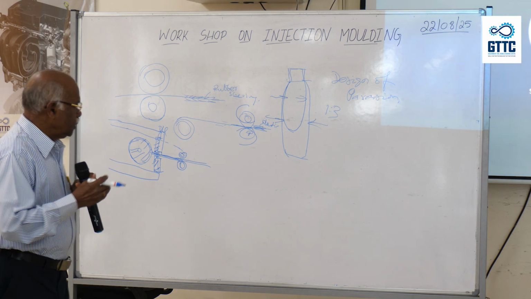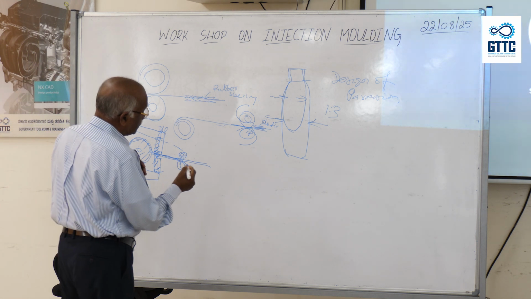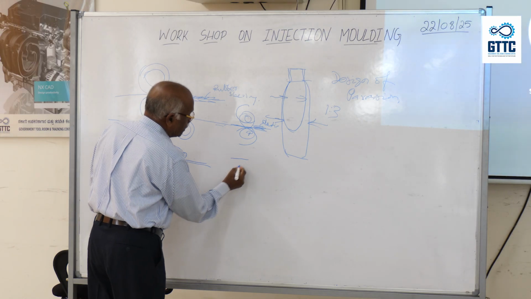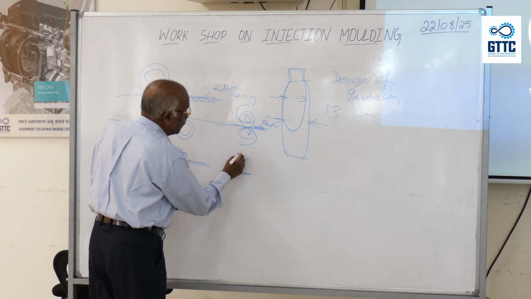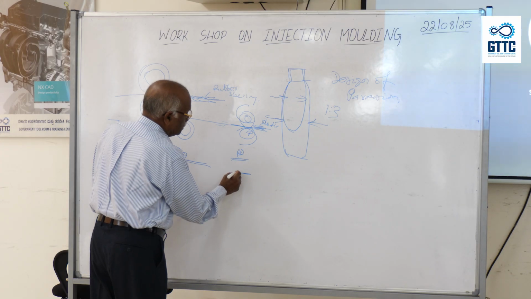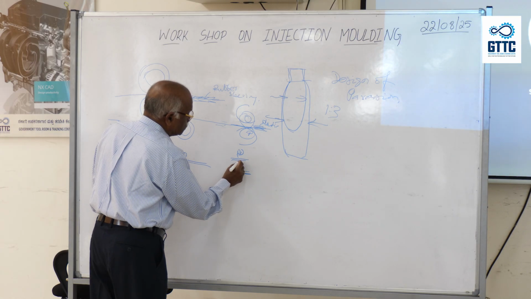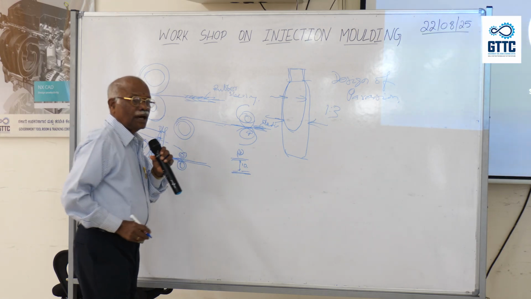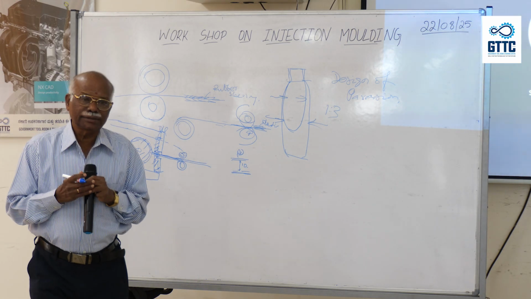So when you say pipe, you have two dimensions, isn't it? It is OD, and it is ID. You will be wondering how the ID is maintained.